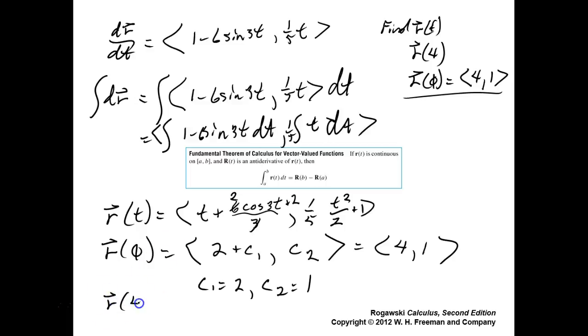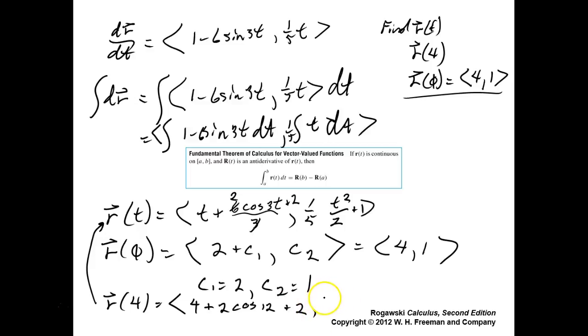R of 4 is equal to, getting it from here, what would that be? 4 plus 2 times cosine of 12, plus 2, right?